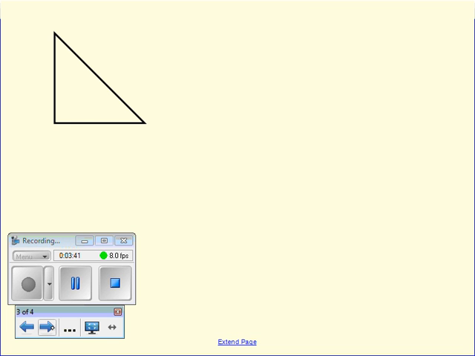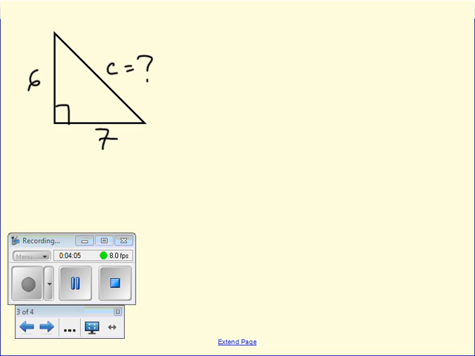So let's take a look at another example. I have my right-angle triangle here, and let's say I have 6 here and 7 here, and I'm trying to find out what my C length is. It's not going to be 8, because the 3, 4, 5 is really the only case for that.